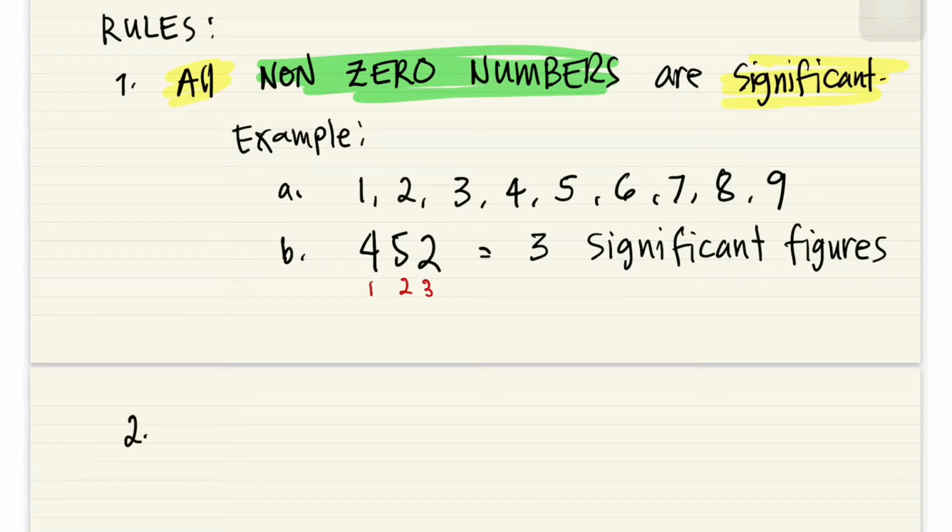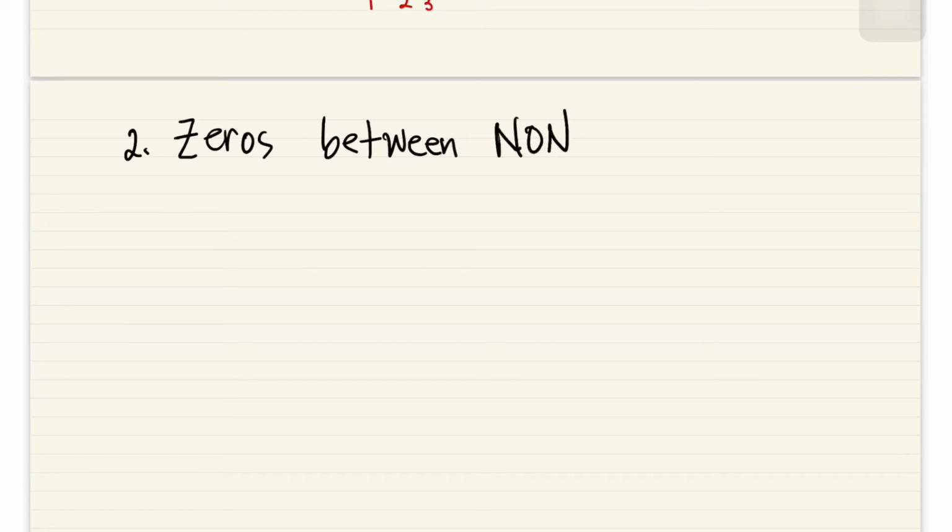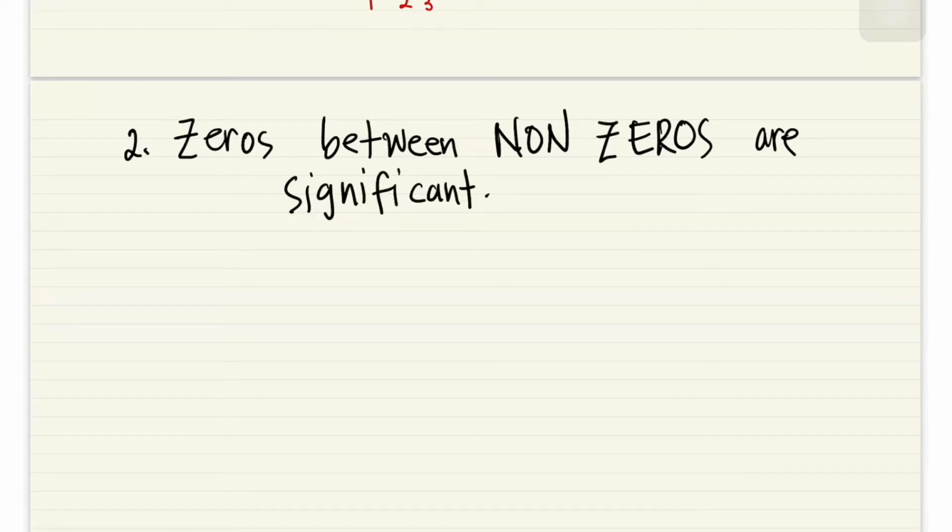Rule number 2: zeros between non-zeros are significant.